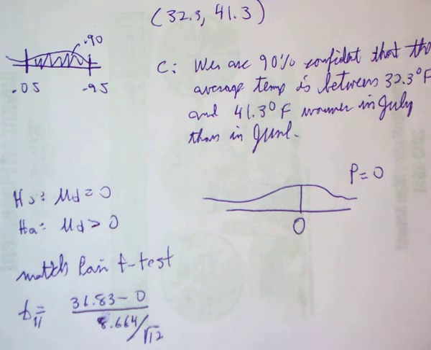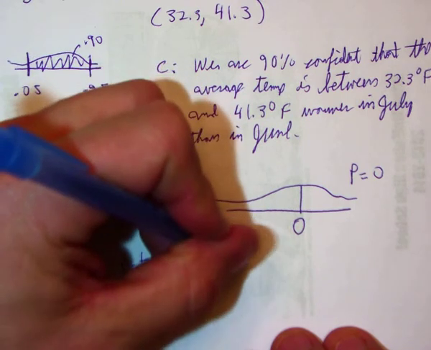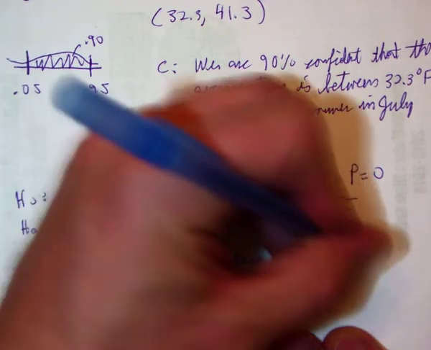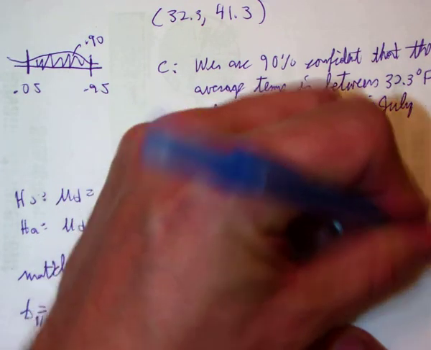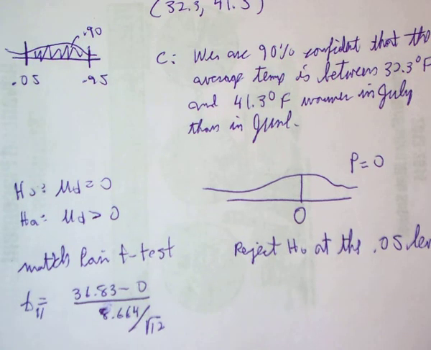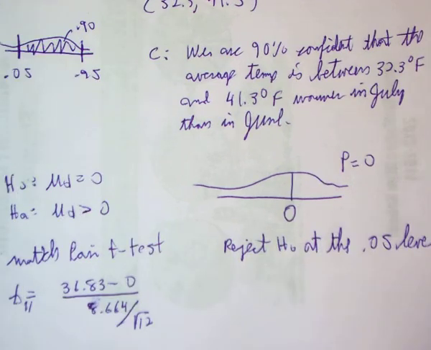So obviously we would reject H-naught at the 0.05 level because a 90% confidence interval coincides with a one-tail test at a 5% significance level. And then our conclusion would be there is very strong evidence that the average temperature in Europe is warmer in the summer than in the winter. And that's how we write that up.